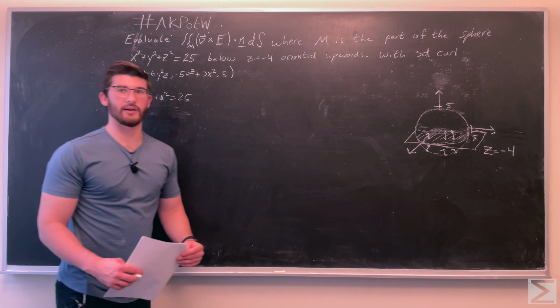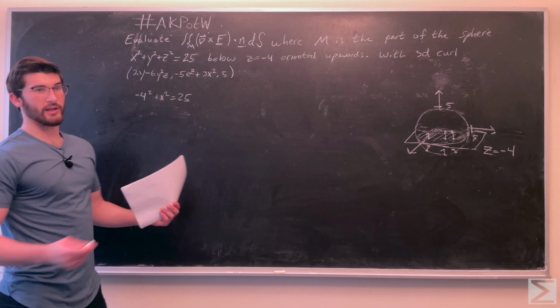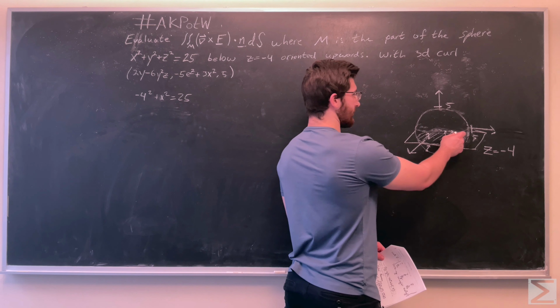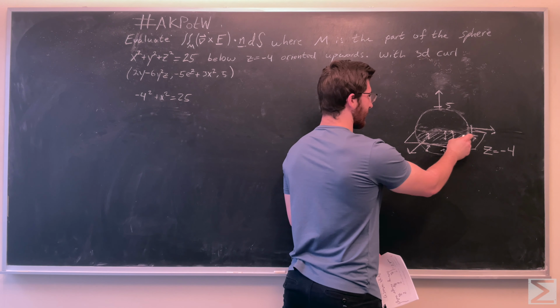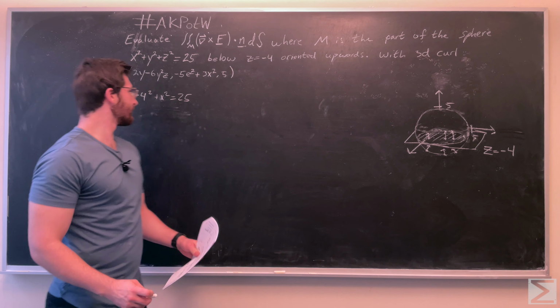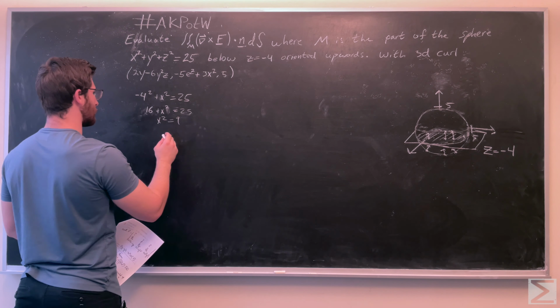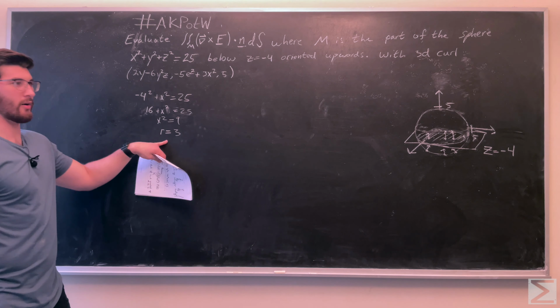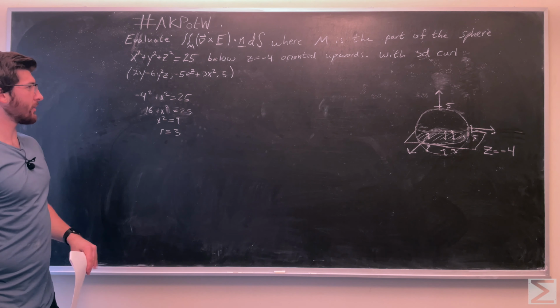So let's find it for x and make y equal 0. So we're looking for this radius on the x plane where z equals 0. So we do some algebra, we find that r equals 3.